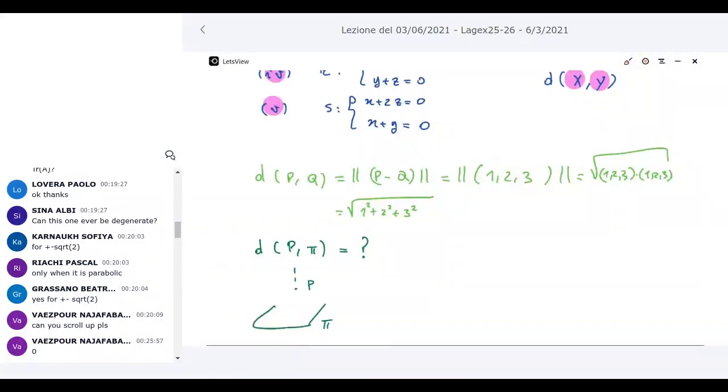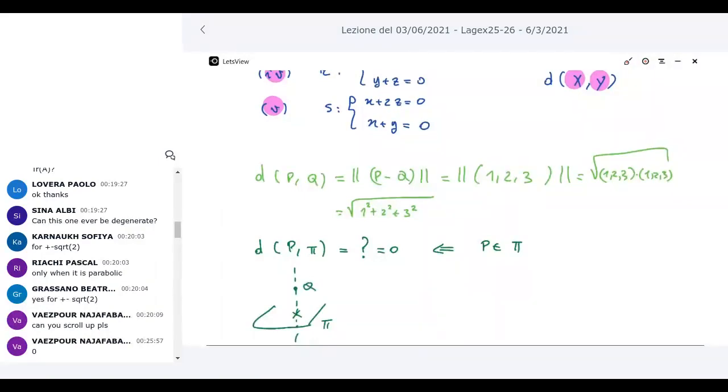Either you look for the orthogonal projection, or you use the formula, okay? And in this case, it's very simple to see it is 0. Why? Because point P belongs to plane pi.